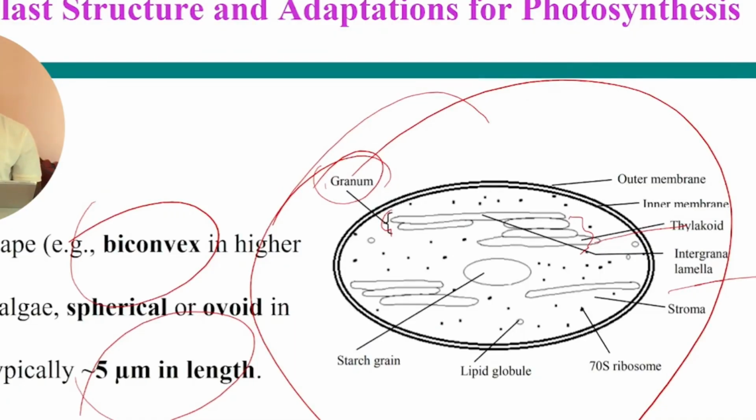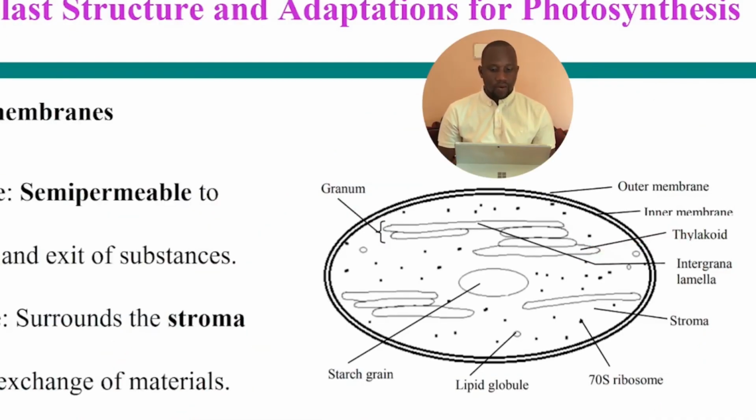The chloroplasts actually have DNA, which is not indicated in this structure. It also means that they are semi-autonomous. So we have what we call chloroplast DNA. Okay. So inside the chloroplast, we have what we call the stroma. Stroma is where we have all the other elements, the granum, the thylakoid, the starch grain, lipid globule, ribosomes being in there.